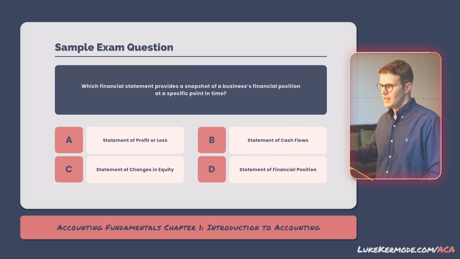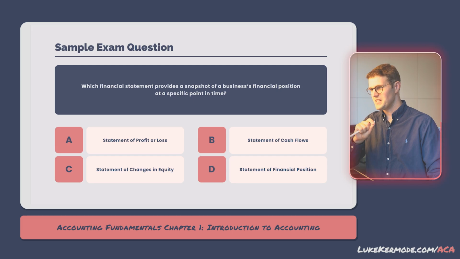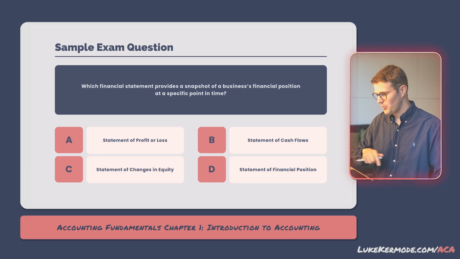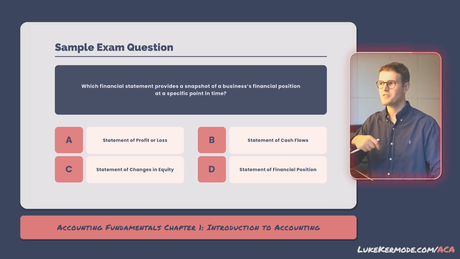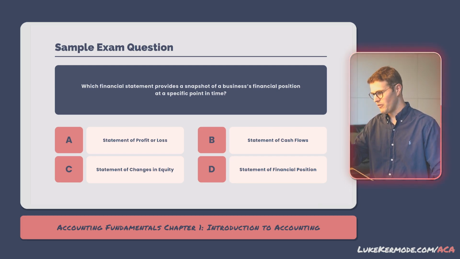Cool. Let's take a look at another question. Which financial statement provides a snapshot of a business's financial position at a specific point in time? Is it the statement of profit or loss, the statement of cash flows, the statement of changes in equity, or the statement of financial position?